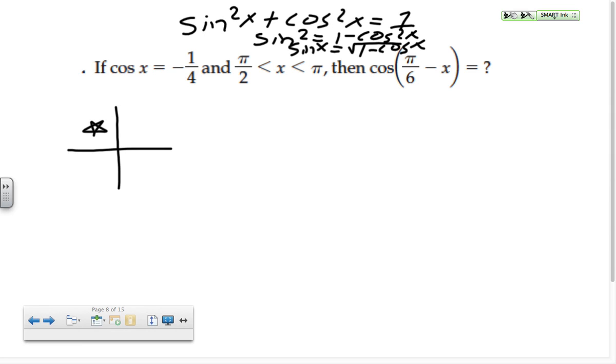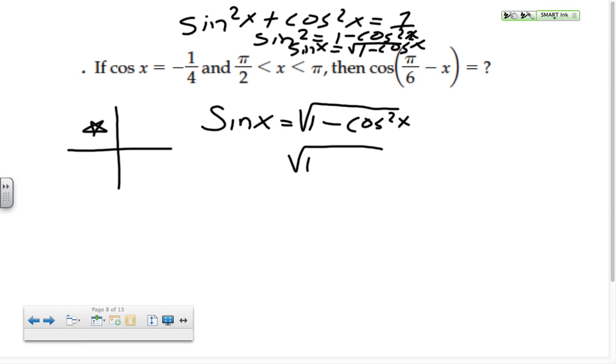So we know that cosine x equals -1/4. So sine x is the square root of 1 minus cosine squared x. Cosine of x is -1/4, so it's the square root of 1 minus (-1/4) squared.